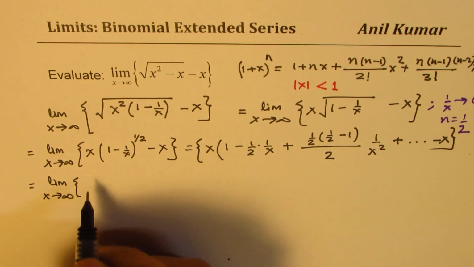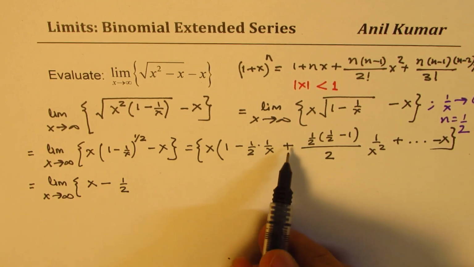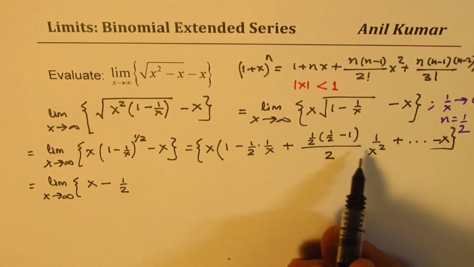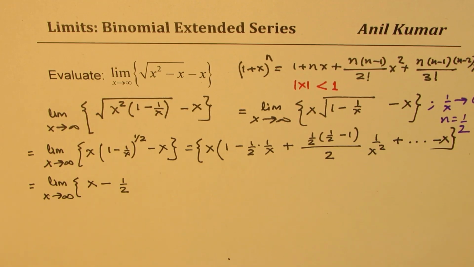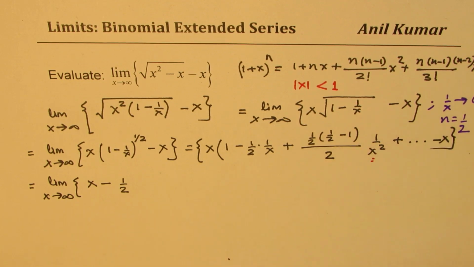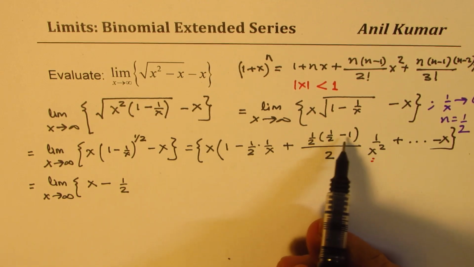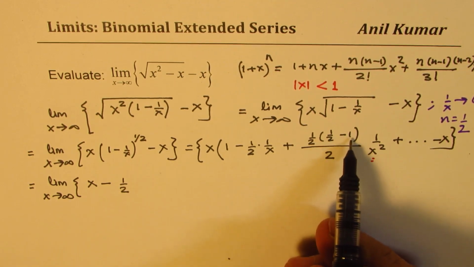So we get here limit x approaches infinity. If we expand this, we get x minus half, and then this term will approach 0, right? This term will also, because x is here, so it is something over x, right? So you could write here as plus, now when you open this, half minus 1 is minus half.